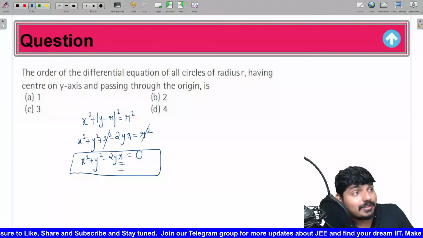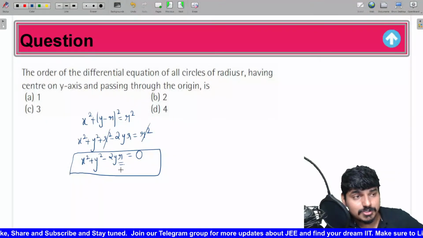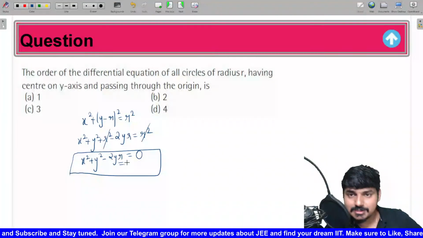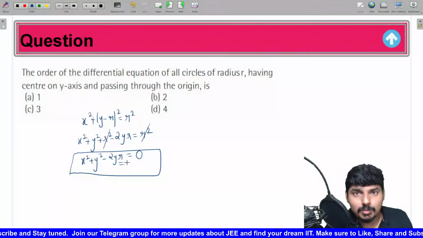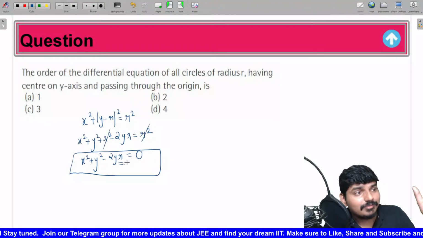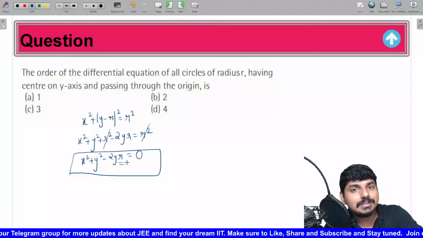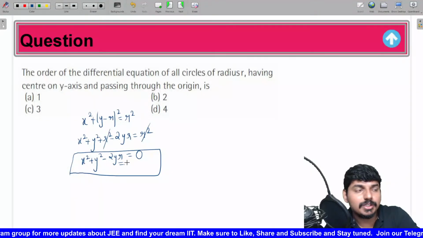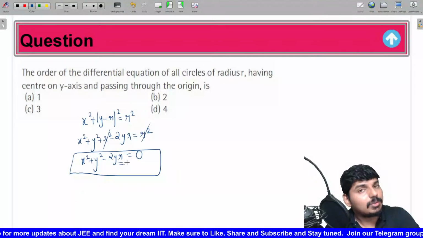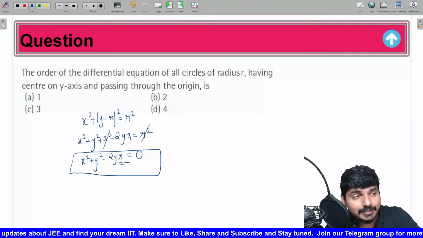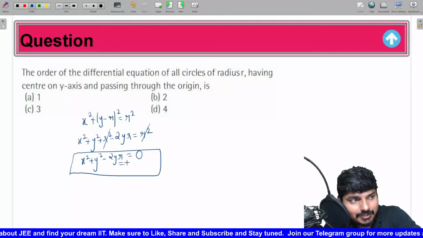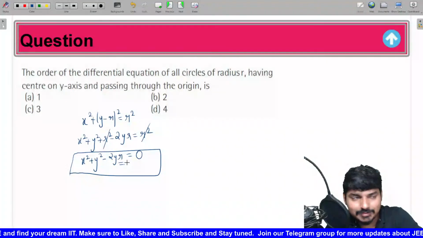Okay, so what will be the order of differential equation, everyone? You try to understand order का मतलब क्या हो गया? See, as I told you, the number of arbitrary constants in an equation represents how many times you have to differentiate that equation to get the differential equation, right? So यहाँ पे only one arbitrary constant is there, which is r.